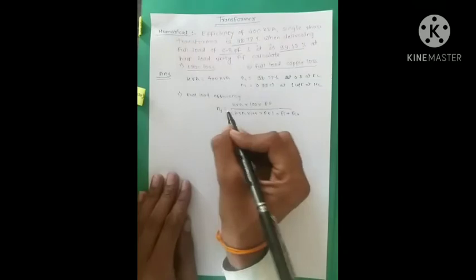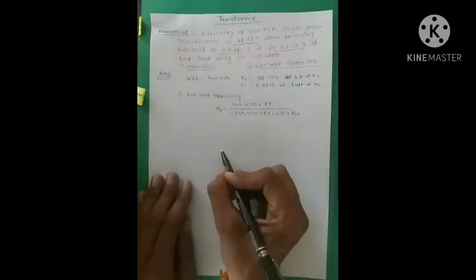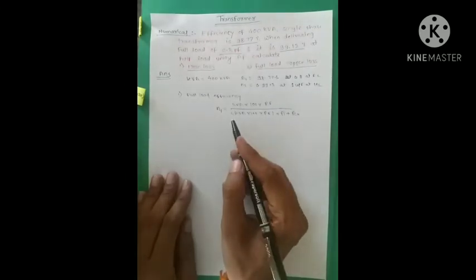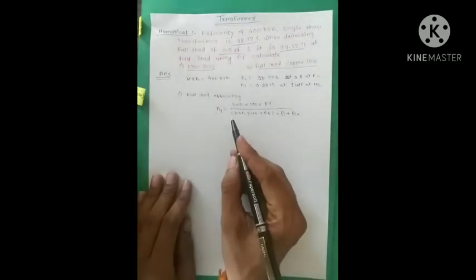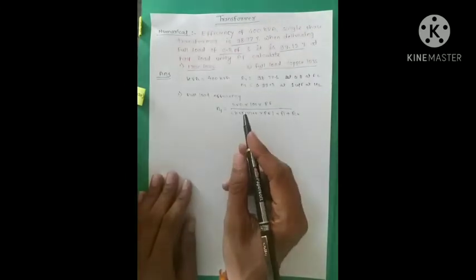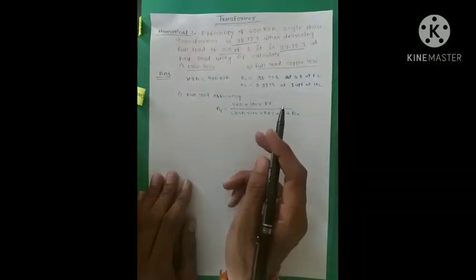This efficiency is efficiency 1. Here PI, that is iron loss, and PCU, that is copper loss at full load, are constant.